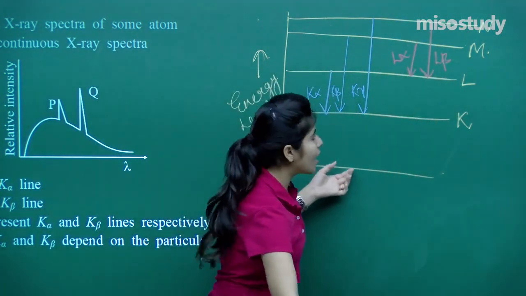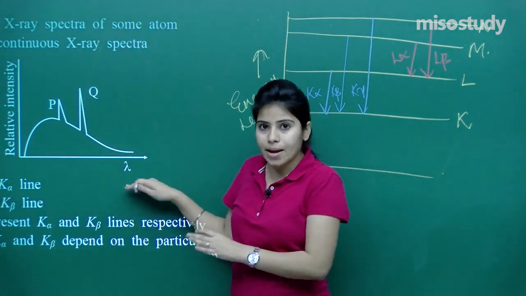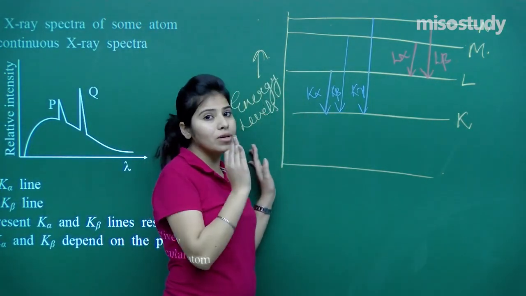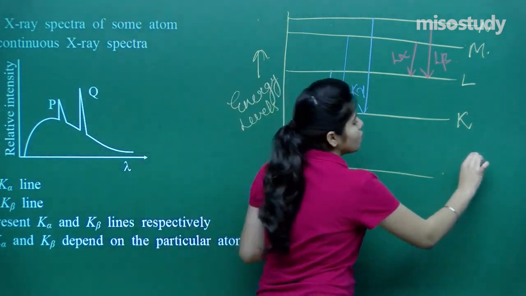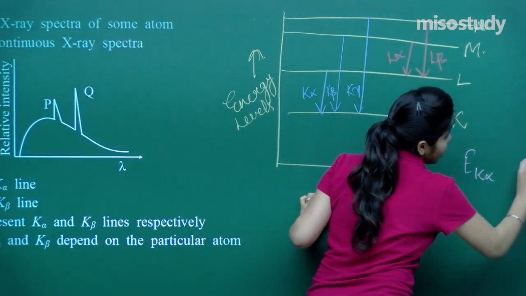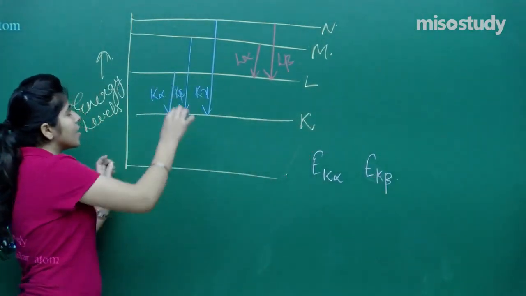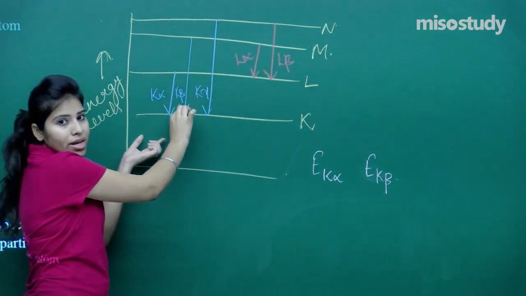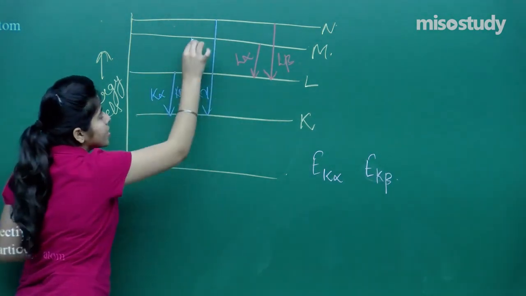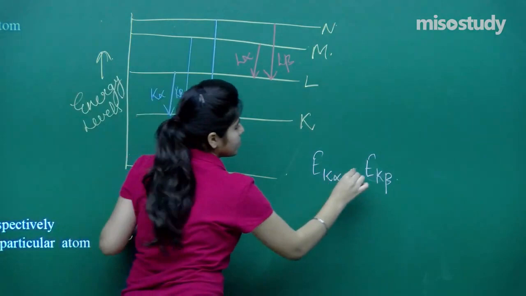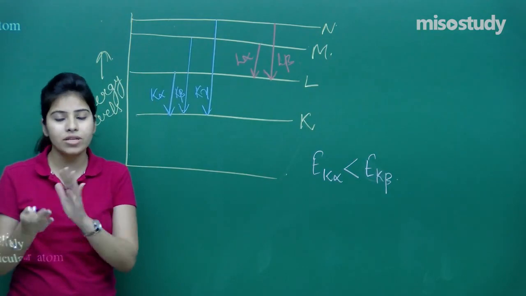Now in this graph we have been given lambda, whereas the graph that I have drawn before you is for energy. What is the relation between the energy of K alpha and K beta? You can see here that K beta has more energy than K alpha, because this is the energy axis. Now you know the relation between frequency and wavelength.